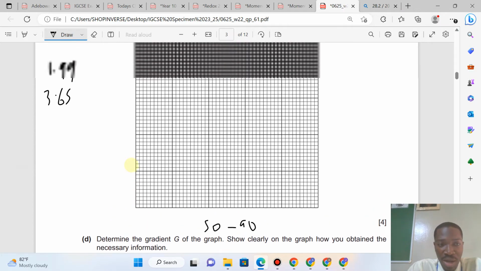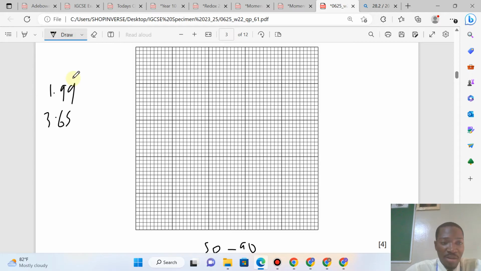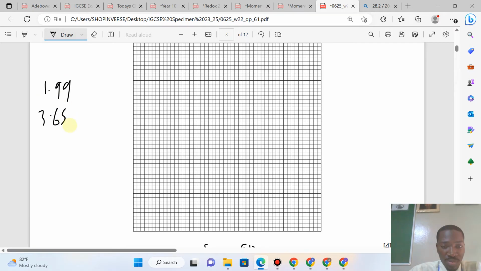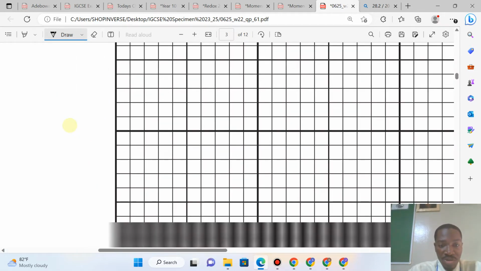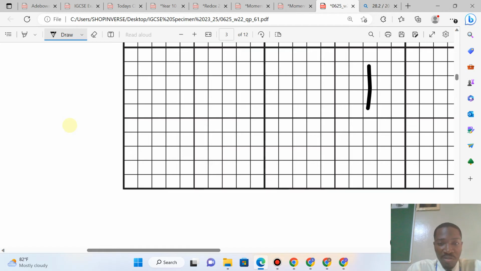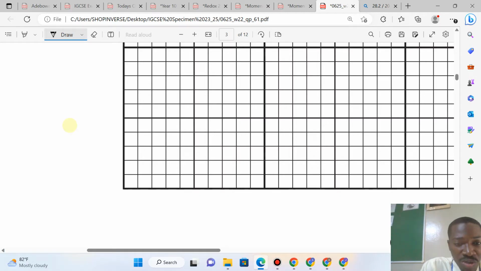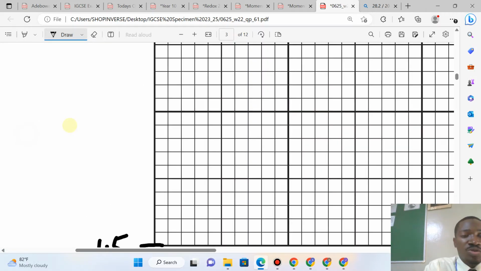Now I will zoom in so I can pick appropriate values for what we have on the vertical axis. This will be easier when you are doing this on your graph book in the classroom, in the examination hall. So let's go. We let our smallest value be 1.5. The next value will be 2.0.